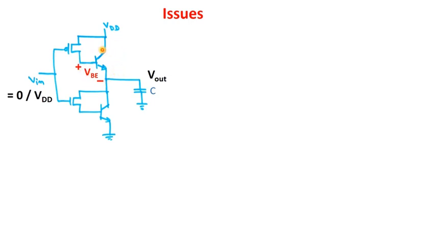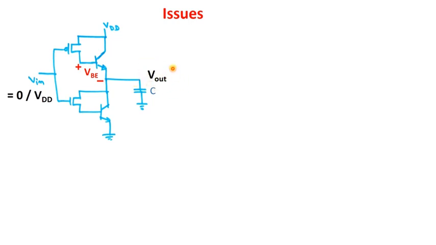BJT on, right? You can think of it this way: when you apply V in equal to 0, then this is on, this is on, so there is a direct path, and this current will start to charge this capacitor, and V out will start increasing, right?